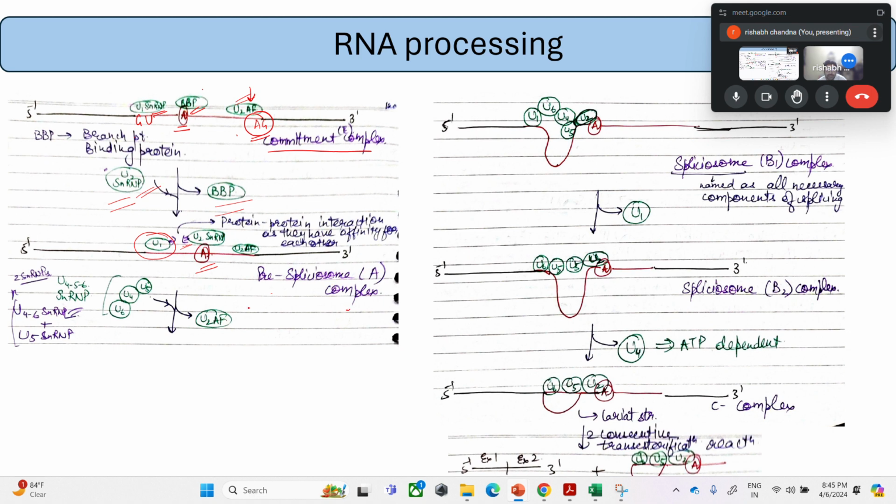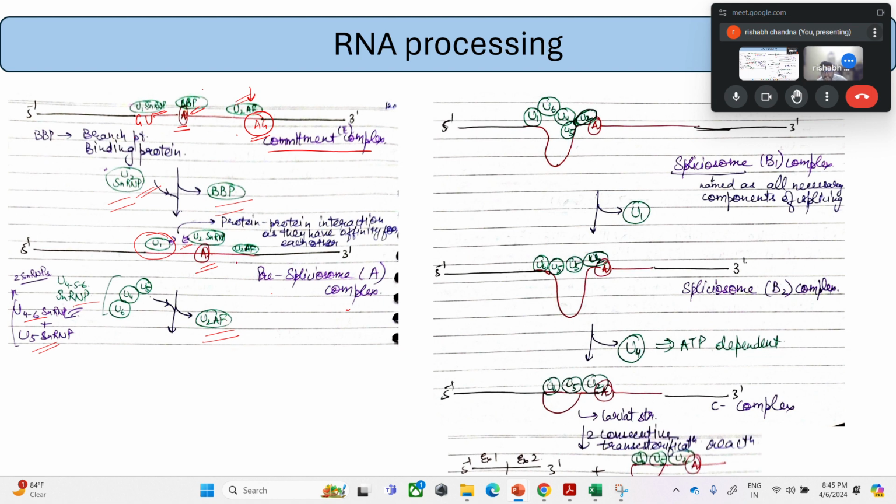Now there is another recruitment, that is U4/U6/U5 snRNP. U4 and U6 are together and U5 is separate. These three are recruited together, with the release of U2AF.